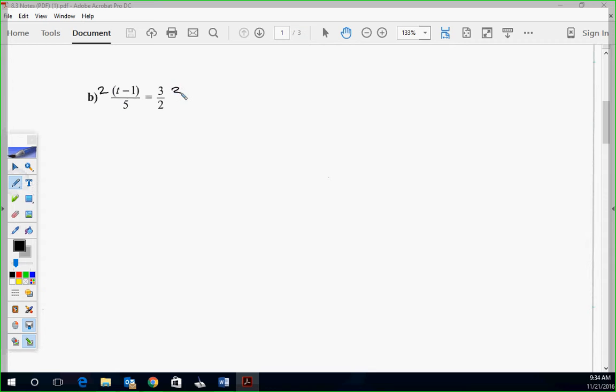So 2 there. Those cancel. I take the 5, I write a 5 here and a 5 there. Those ones cancel. So you can see what happens is that the fractions go away. So what I have left, and I'll write it a little cleaner in a second, I have this and the 3 and the 5.